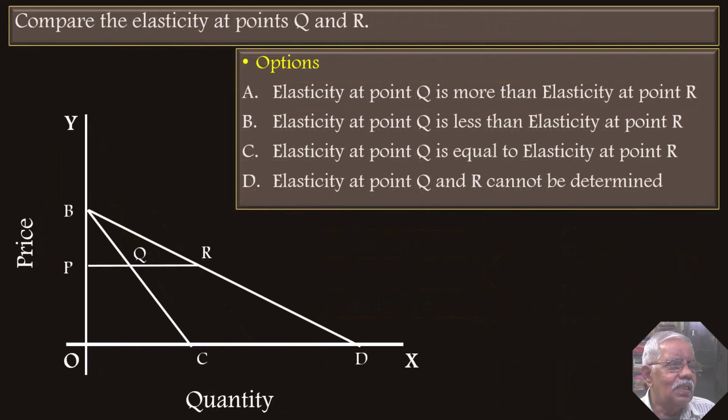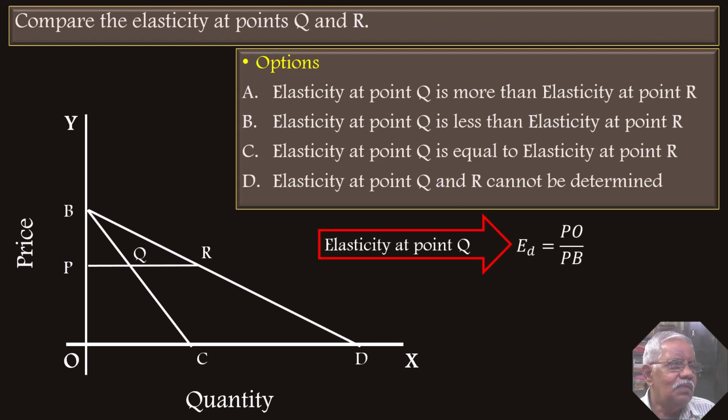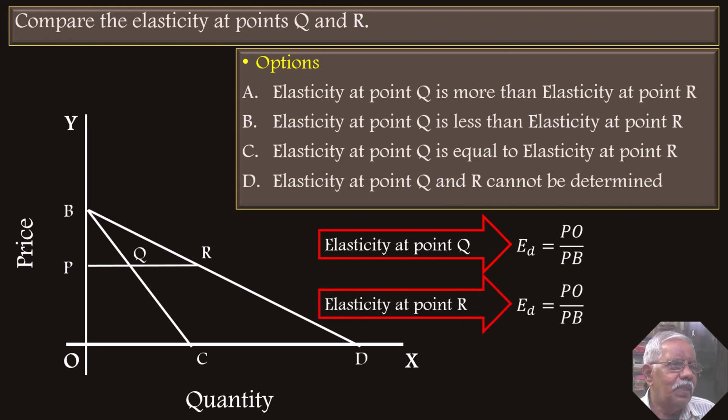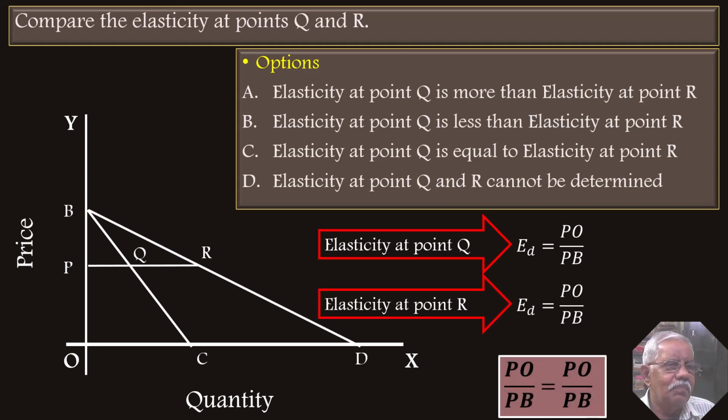In the second case, the slope of the demand curves BC and BD are different, but they start at the same point on the y-axis. Let us compare the elasticity at points Q and R. Using the vertical axis formula, elasticity at point Q is PO by PB, and at point R is also PO by PB.